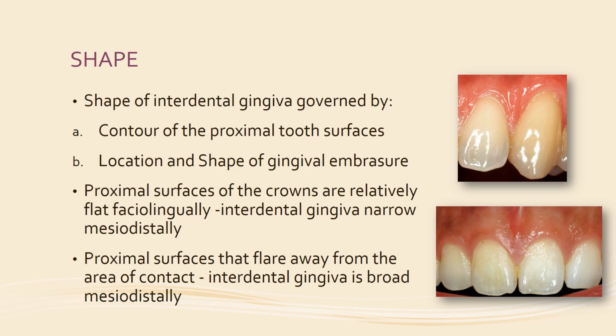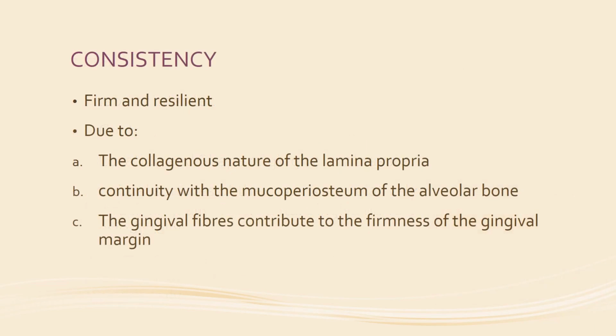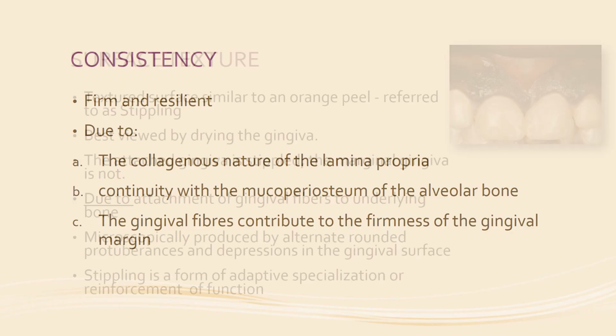When the proximal surfaces flare away from the area of contact, the interdental gingiva is broad mesiodistally. Coming to the consistency, the gingiva is firm and resilient because of the collagenous nature of the lamina propria and its continuity with the mucoperiosteum of the alveolar bone. The gingival fibers contribute to the firmness of the gingival margin.